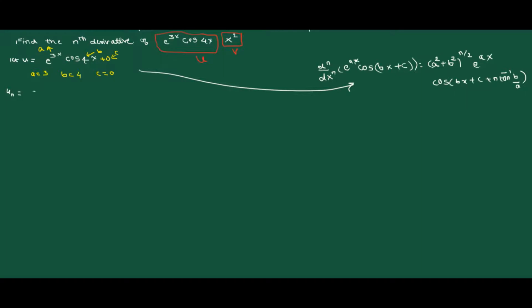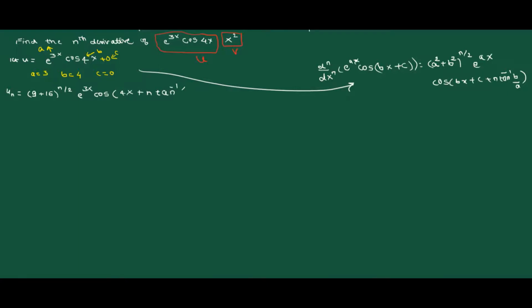A is equal to 3, a square is equal to 9, plus b is equal to 4, b square is equal to 16, raised to n by 2, e raised to ax means e raised to 3x cos into bracket bx is nothing but 4x plus c value is 0, I will leave that term, plus n into tan inverse b by a.